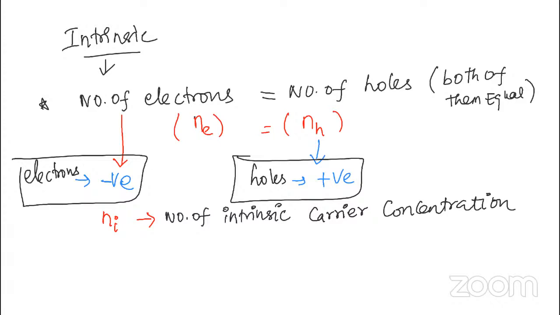For an intrinsic semiconductor, the Ne and NH values should be equal. Similarly, the Ni value should be equal. So we keep in mind that Ni is equal to NH, or Ne is equal to NH.